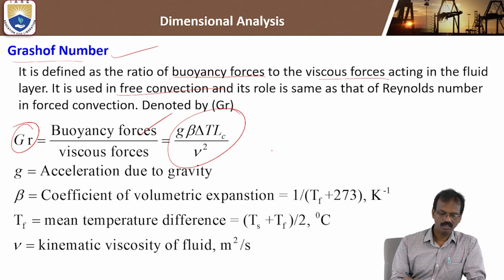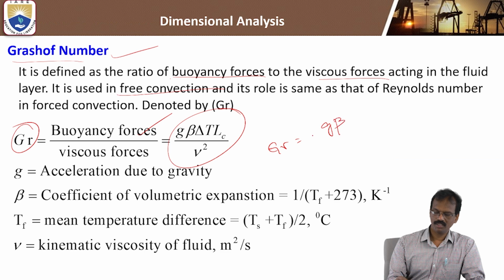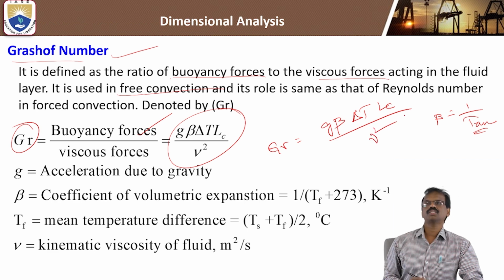So finally, the Grashof number is equal to g, acceleration due to gravity, times beta, which is nothing but 1 by T mean, where T mean should be in Kelvin, times delta T, the temperature difference, times Lc, the characteristic length, divided by the kinematic viscosity squared.